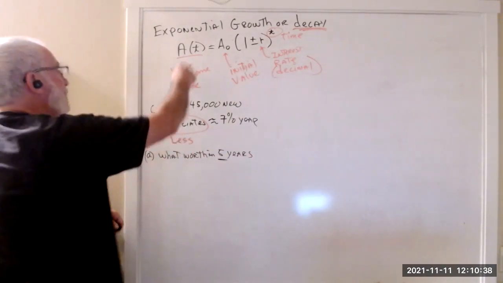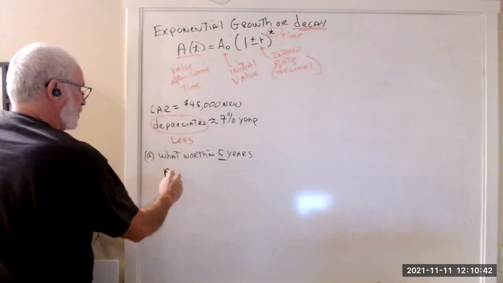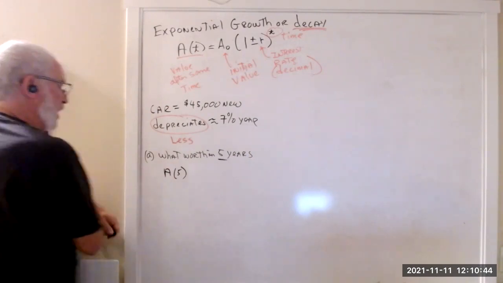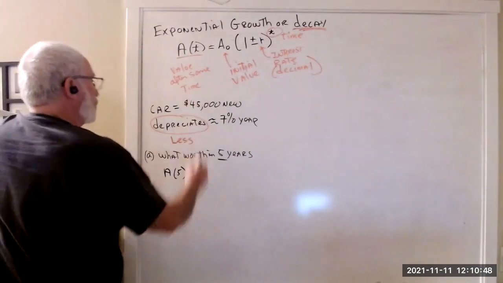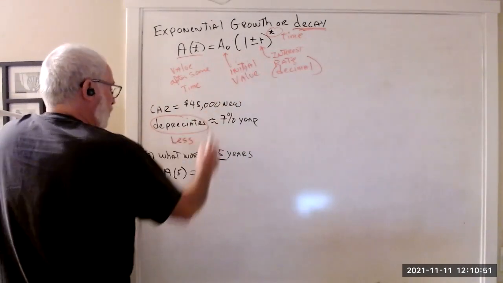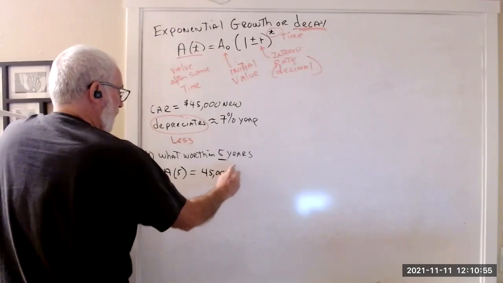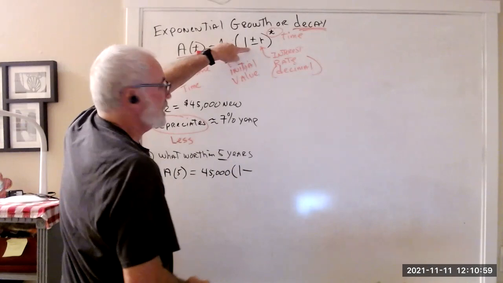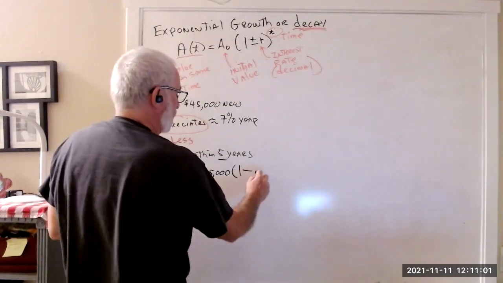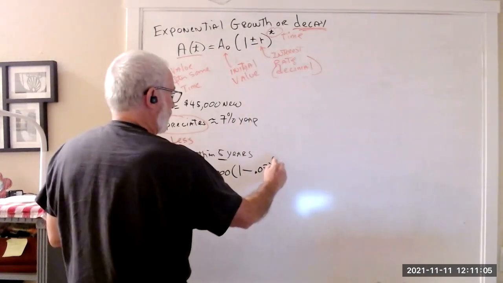Mathematically, what this is saying is the amount in 5 years, A of 5, what it's worth in 5 years, is equal to the initial value, 45,000, times 1 minus, because we're decaying or depreciating, 0.07 raised to the 5 power.